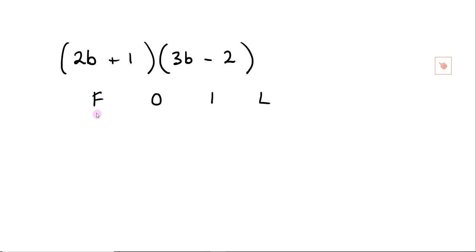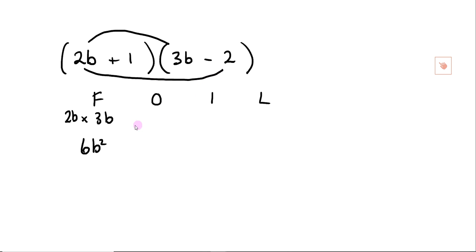FOIL, so firsts are 2b times 3b gives me 6b squared. This was the stuff we were doing before. The outsides then, 2b times negative 2 is negative 4b. Insides, positive 1 times 3b is 3b.